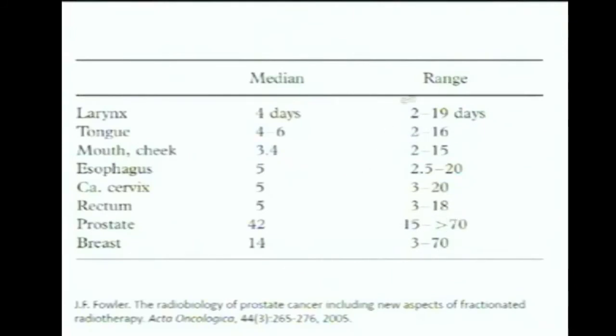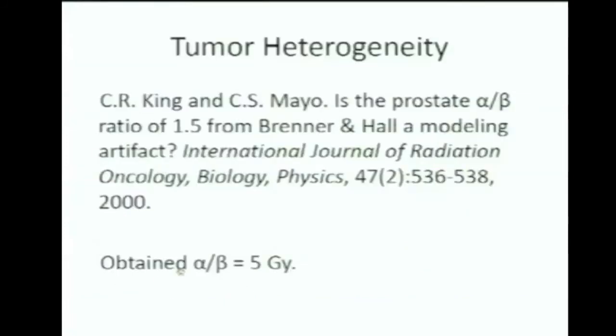This table shows the potential doubling time of different human tumors. I left out the caption. So you see, the prostate is one of the slowest growing tumors. So this was Jack Fowler's response. You guys can look at the paper yourself to see if you believe him. But that was his response.